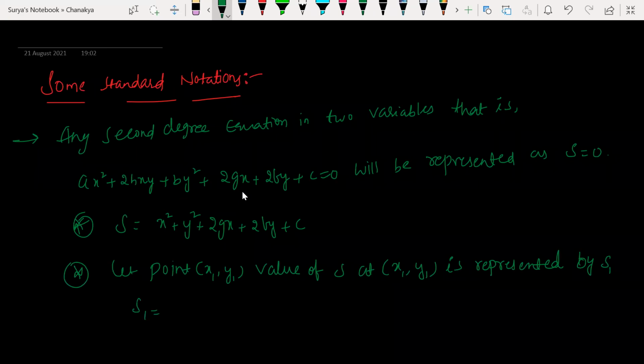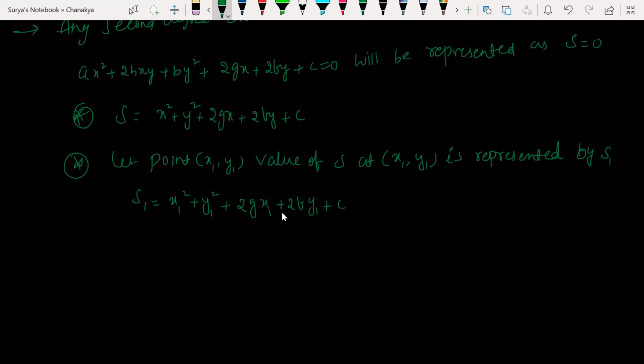And that S1 can be written as what? Same thing, in place of x I'm writing x1 and in place of y I'm writing y1. That's all. All right. Yes. Next.